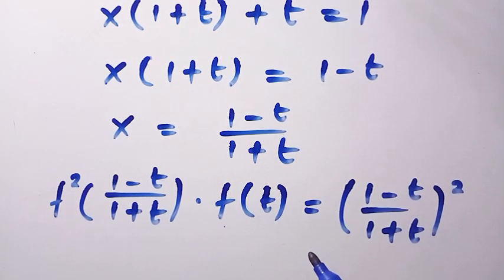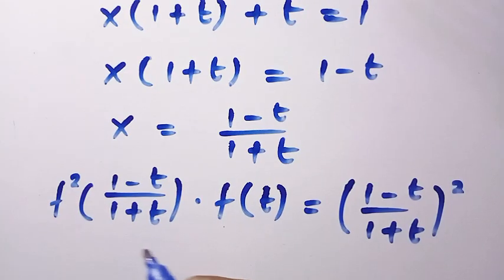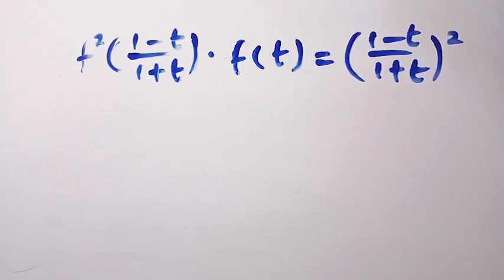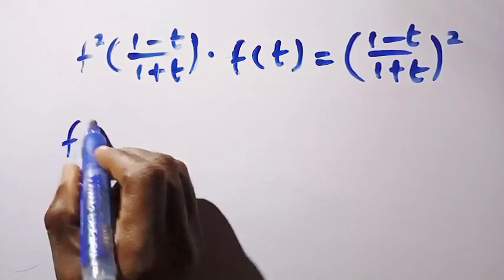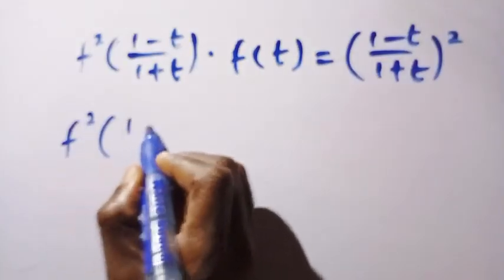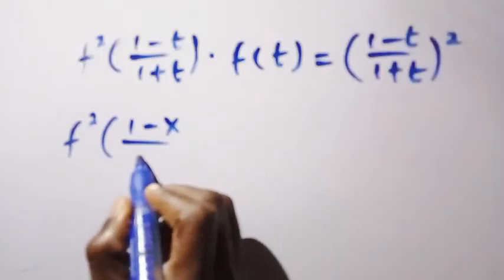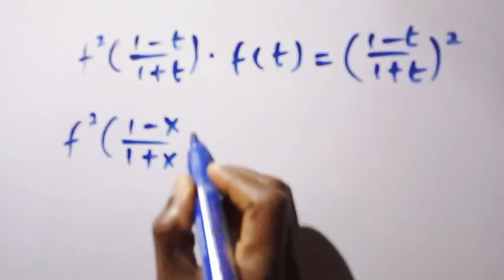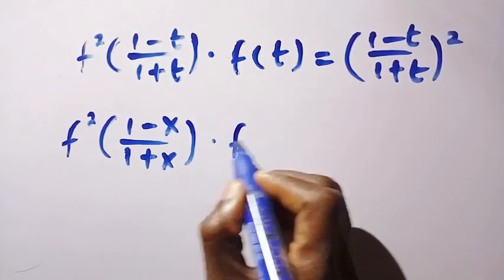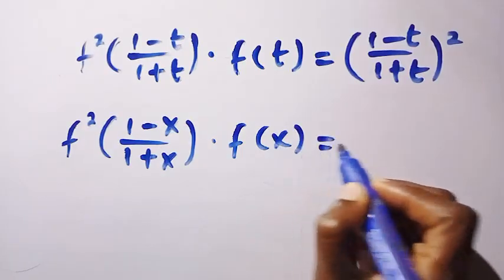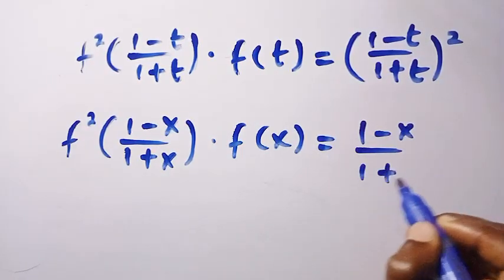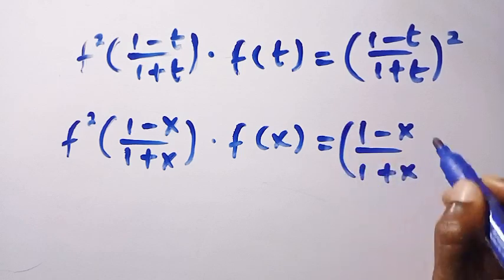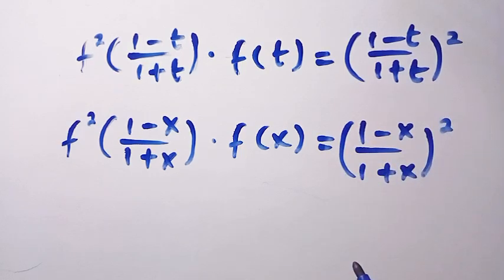So this is what we have, and at this point let's replace t with x. We have f squared of (1 minus x) divided by (1 plus x) multiplied by f of x equals ((1 minus x) divided by (1 plus x)) all raised to power of 2.